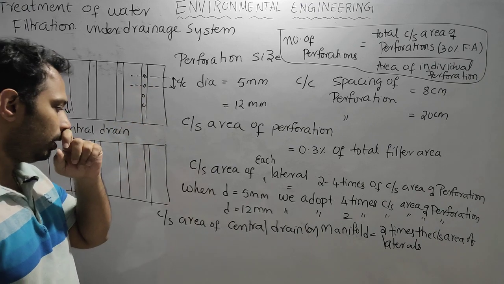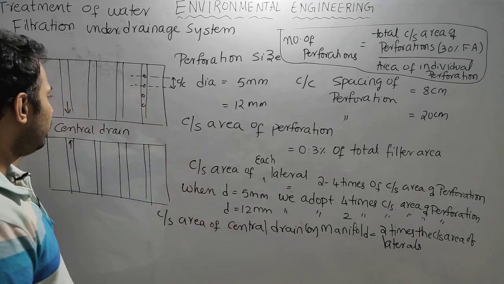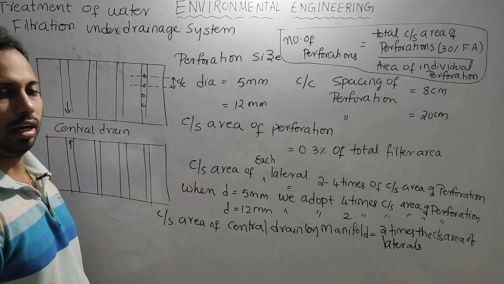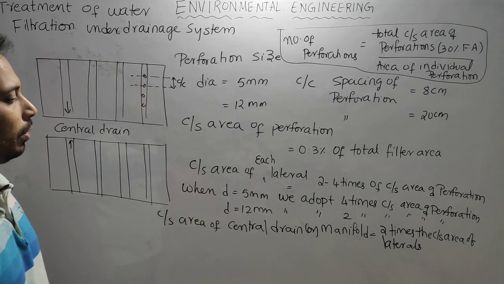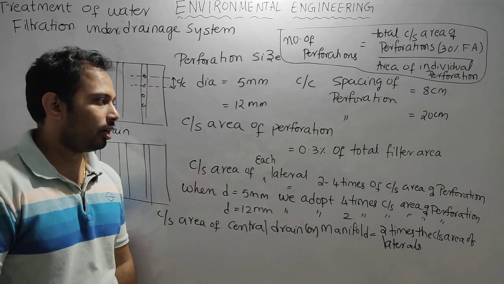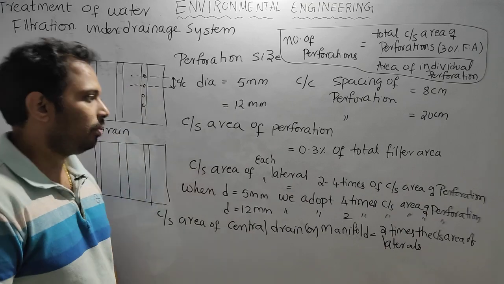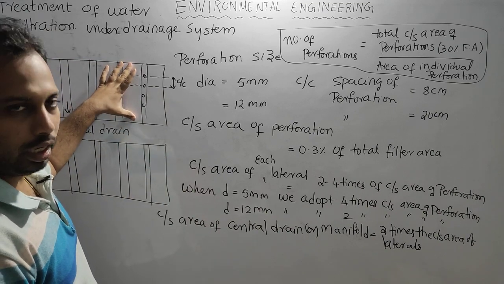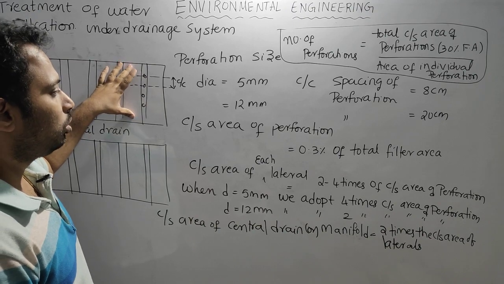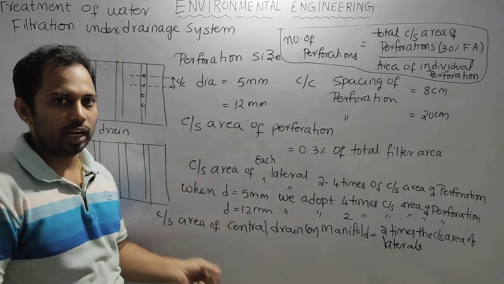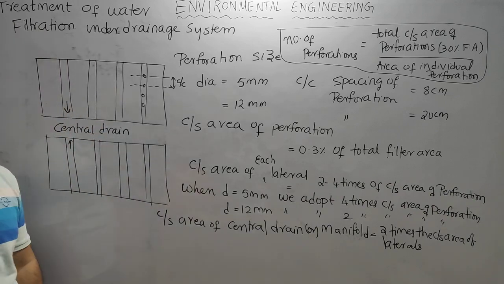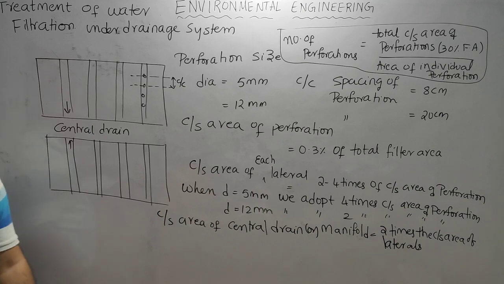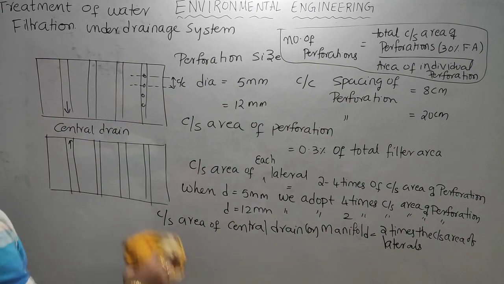Also the area of the central drain is 2 times the lateral area, and the number of laterals depends on how many holes each lateral can accommodate. So if you know the length of the lateral, then how many holes can be accommodated. I will explain how to find the length of the lateral. But before moving into that, there is another thing we need to know.